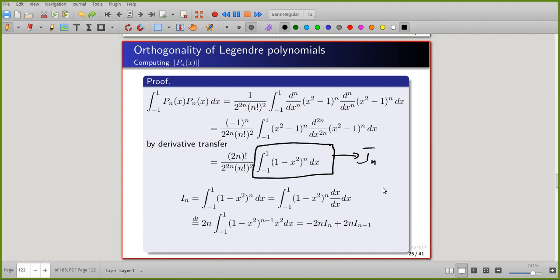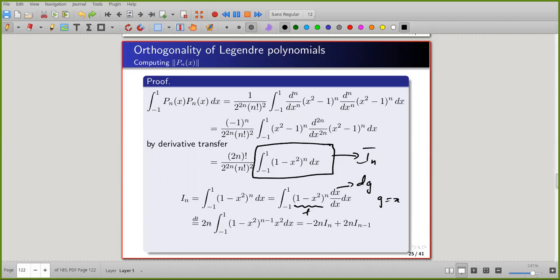Yes, I have done derivative transfer. So this is my f now, and this is my dg, so g is equal to x. And f of 1 is 0 and f of minus 1 is 0, so we can apply derivative transfer.